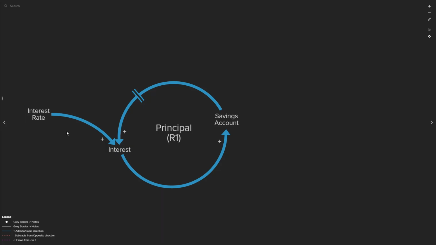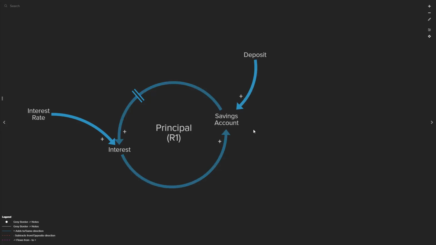In this particular set of relationships, interest rate is considered to be a constant, though you know that if we're looking at this relationship over a period of 20 years, the interest rate is going to vary over time, though the interest rate still isn't something that accumulates. It's just a value that changes based upon some other things.